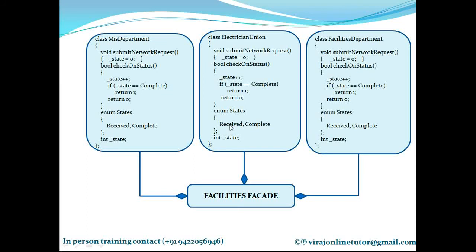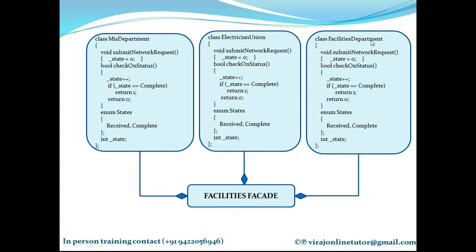Received is the first state as soon as I get a request, then it can again go through different states of processing, and once the request is completed by this class, it will go to state complete. Just for ease of explanation, I just used two states in my example, received and complete. You can have n number of states here. Again I have a check on status. If the state is complete, you return a 1, else you return a 0.